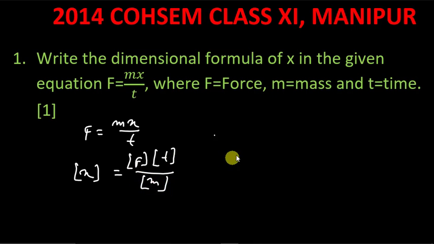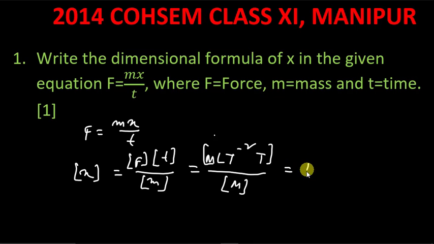Dimension of F is M L T minus 2, times dimension of t, divided by dimension of m. So cancel, so it becomes L T minus 1.